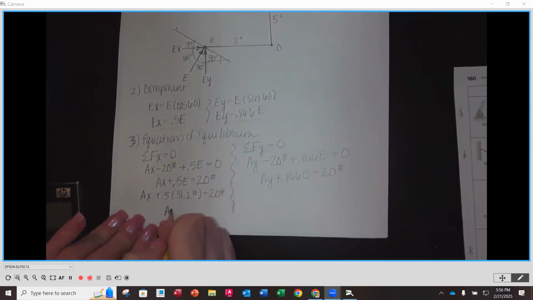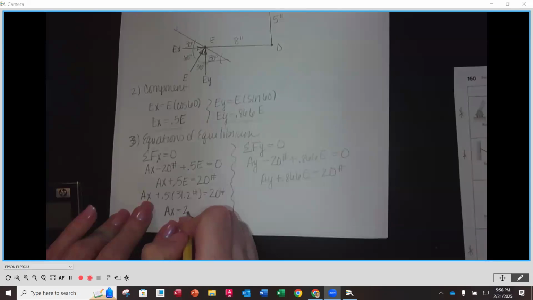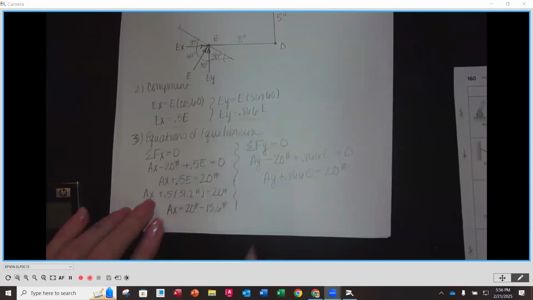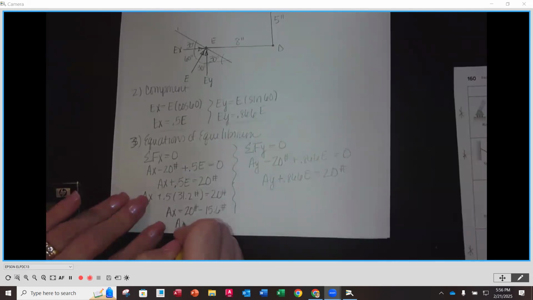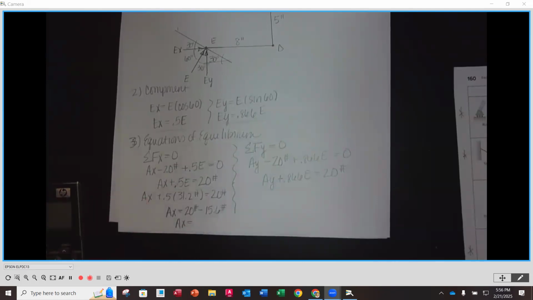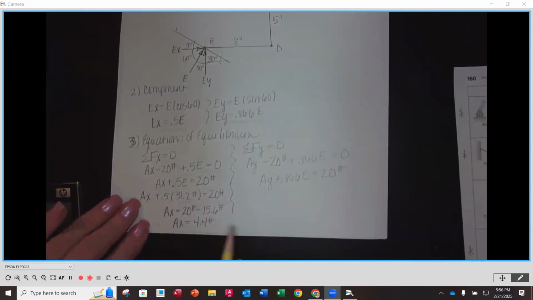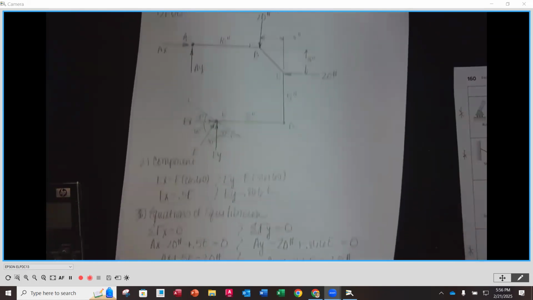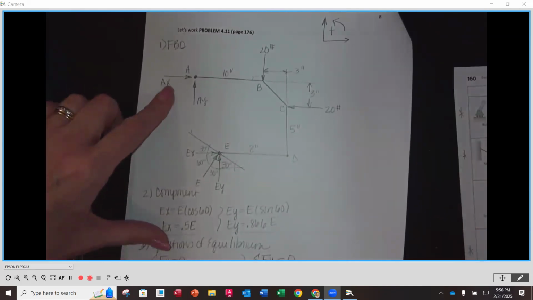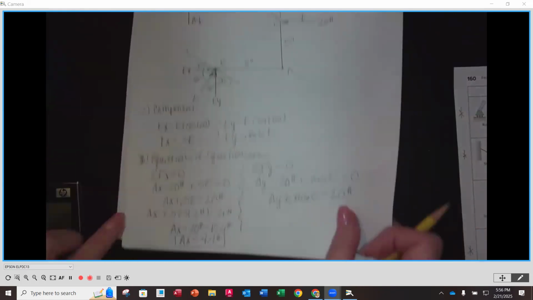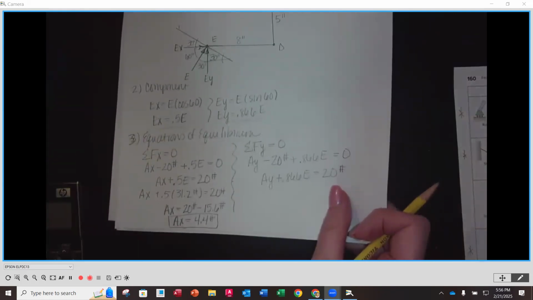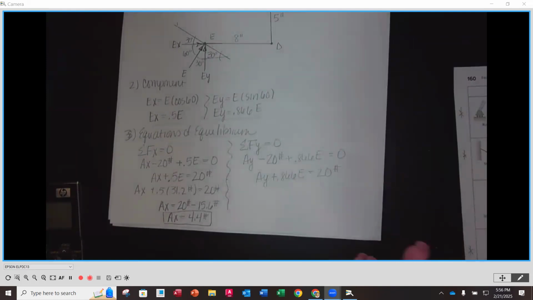So that means AX is equal to 20 pounds minus 15.6 pounds. So my AX will be equal to 4.4 pounds, and it's a positive value. That means that we assumed the correct direction. We assumed it going to the right, and we ended up with a positive value to confirm that assumed direction.